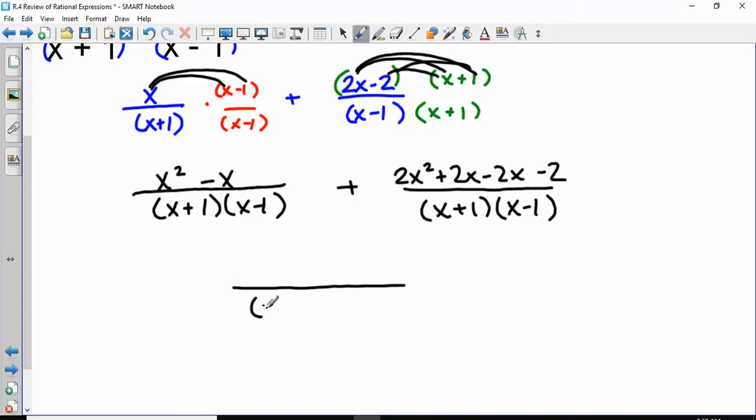At this point, these denominators do match. So we can make our one fraction. Let me just go through and add like terms. So 1x squared and 2x squared is 3x squared. Negative 1x, positive 2x, and negative 2x. Just a negative 1x. And then we have this minus 2.